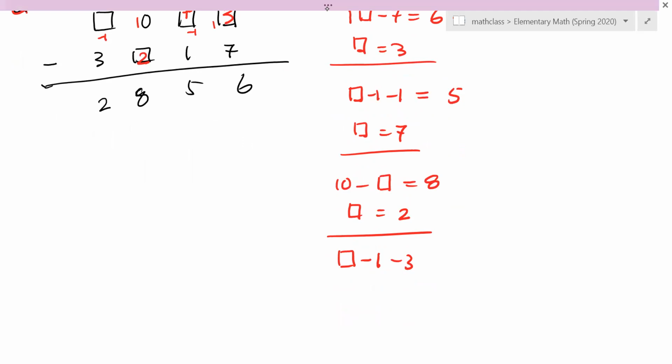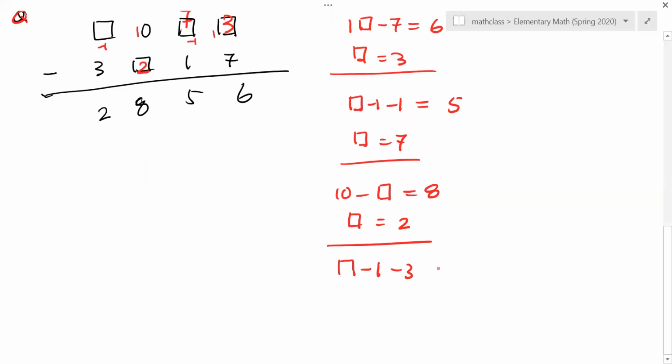So that unknown, that should be called 2. So that number is going to be 6. Okay, so we solved the problem.